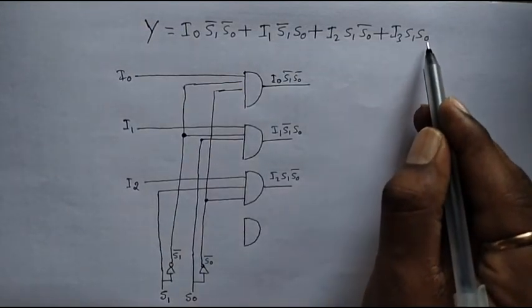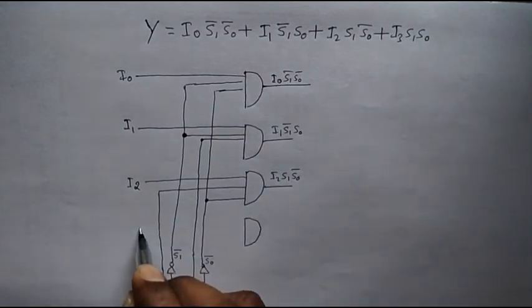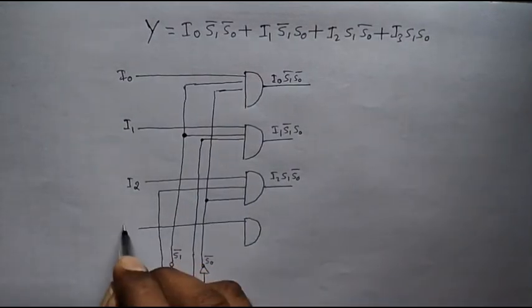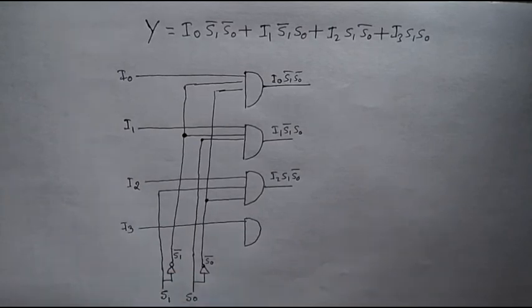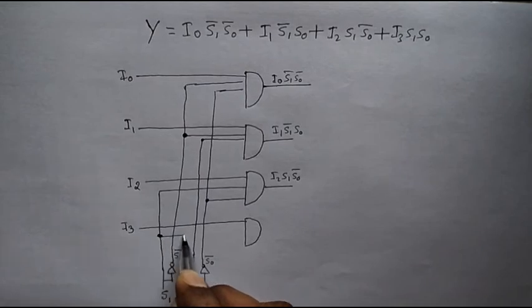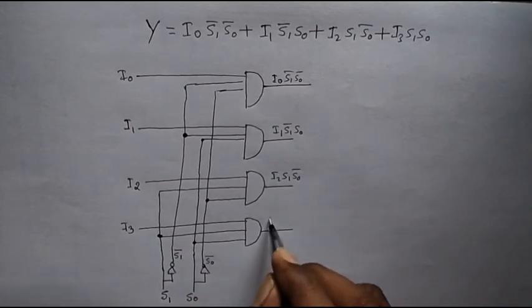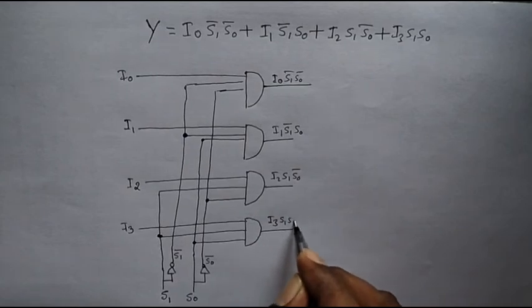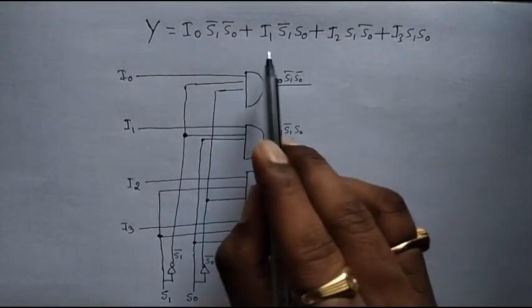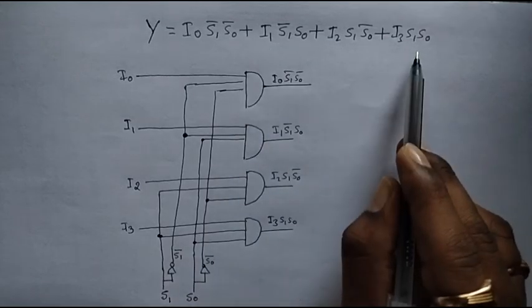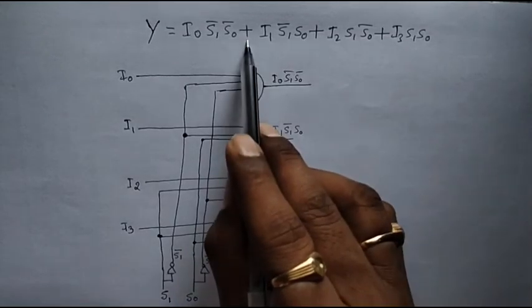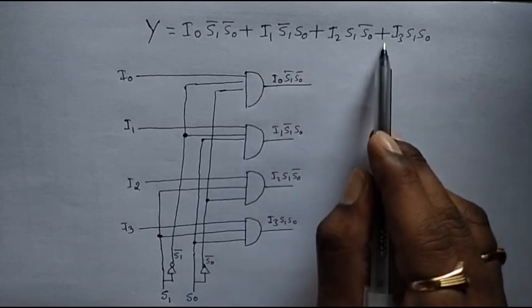I3 S1 S0 is connected to the fourth AND gate. Take another input directly connected to the AND gate, that is I3. S1 is connected to this AND gate and S0 is connected from this line. The output of this is I3 S1 S0. Now all these product terms are summed together because there is a plus sign between all the terms.